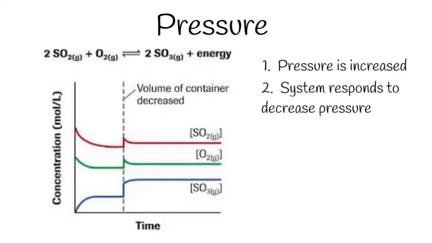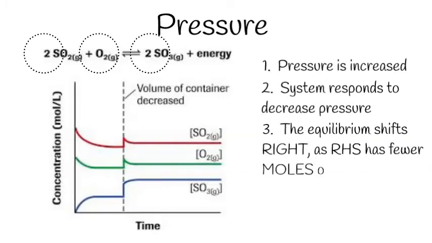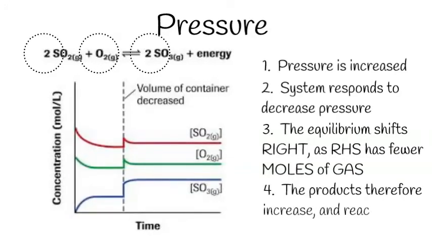To decrease the pressure, the system needs to move in the direction that has the fewest moles of gas particles. In this case, the right-hand side has 2 shown here, and the left-hand side has 2 plus 1 is 3 moles of gas. So the right-hand side has the fewer moles of gas. This means the equilibrium shifts to the right. And the last thing we need to state is that this shift means the amount of products increases, i.e. we get more SO3.